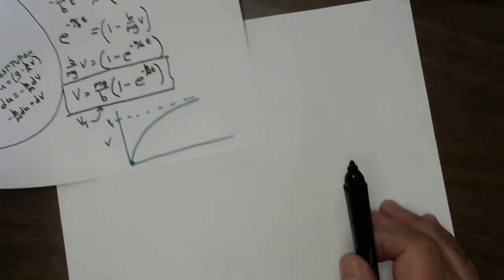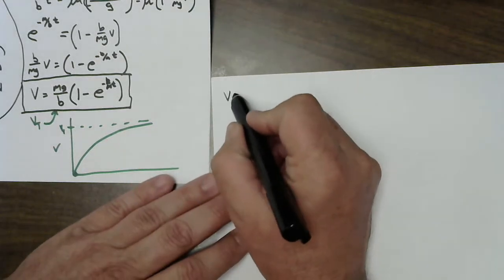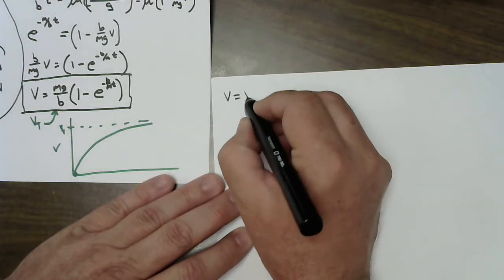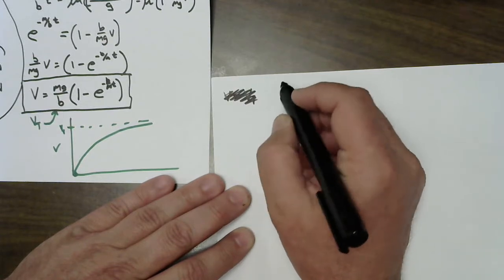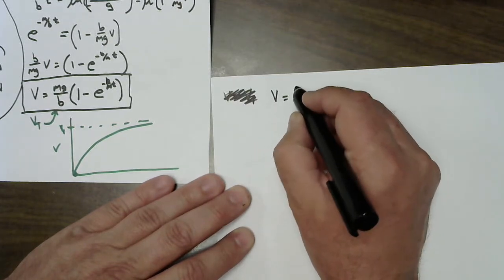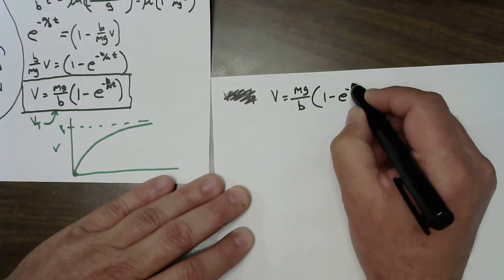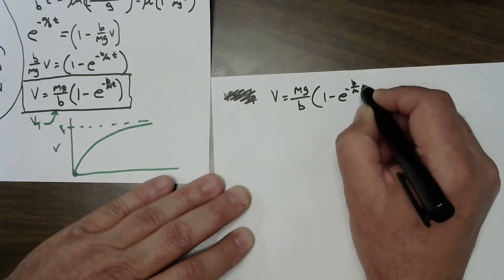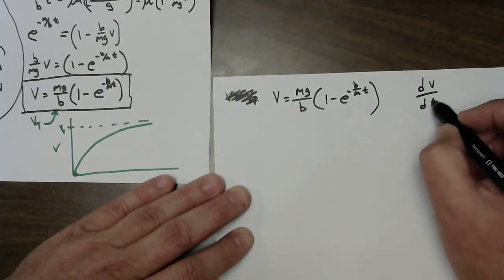Let's find the acceleration and prove that it does what we want. So here we go. We are starting with v equals vt. Actually, no, I'll write it out. v equals mg over b times 1 minus e to the minus b over m times t. There we go. And now we're going to take a derivative of that with respect to time.